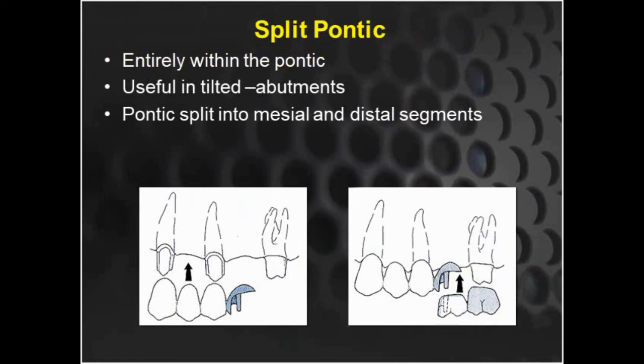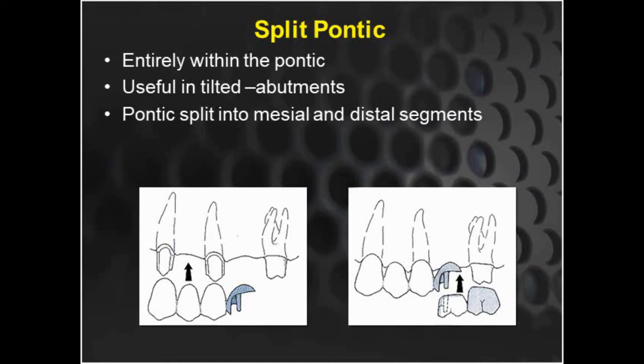Next one is the split Pontic. This is entirely within the Pontic. The Pontic is actually split into mesial and distal segments, and this is useful in tilted abutments. In a tilted abutment, the use of a conventional dovetail will need the preparation of a very drastic box in the distal aspect of the pier abutment.